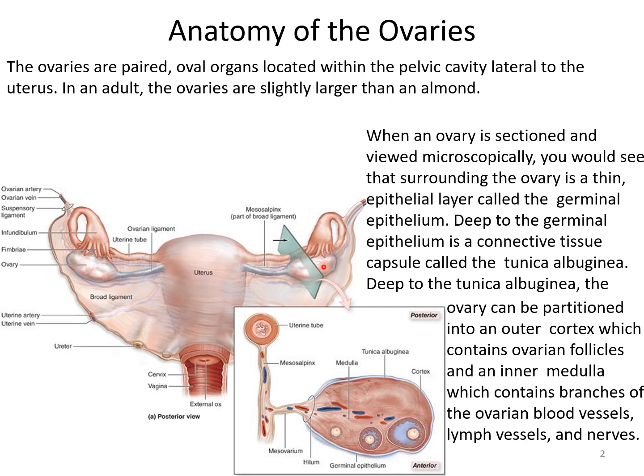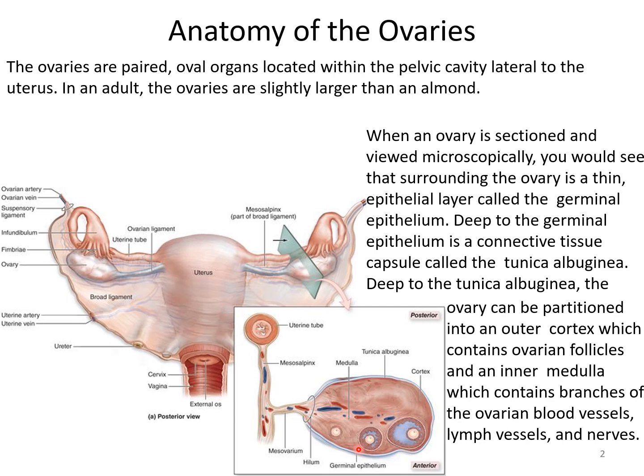If you section an ovary and look at it microscopically, you would see that the ovary has a thin epithelial layer called the germinal epithelium. That's over here. And then deep to the germinal epithelium is a connective tissue capsule called the tunica albuginea.